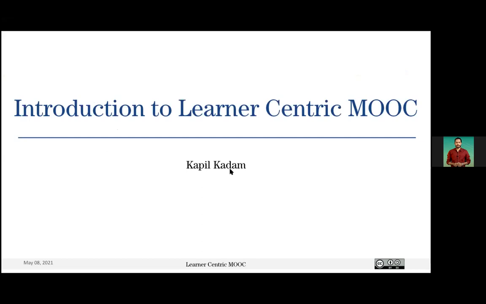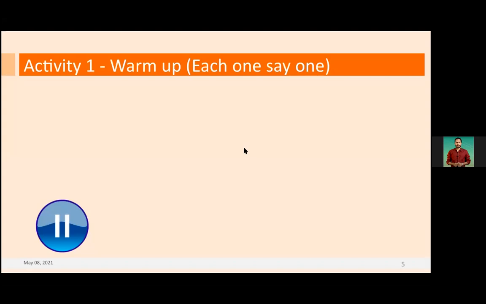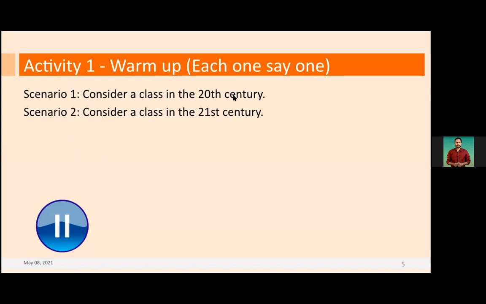I said that I'll have fewer activities, but I would like to start with a warm-up activity. Consider scenario one, a class in the 20th century, and scenario two, a class in the 21st century.